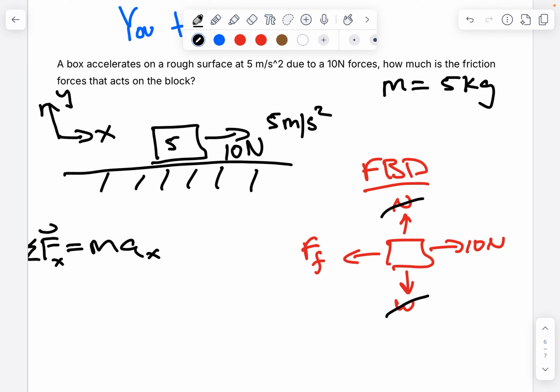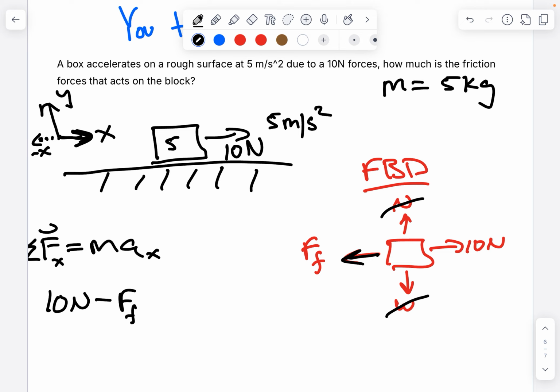So let's write out what we know. We have 10 newtons in the positive x direction minus the force of friction, and it's minus because it's pointing to the left. My coordinate system says that positive x is to the right, so anything to the left is a negative x.